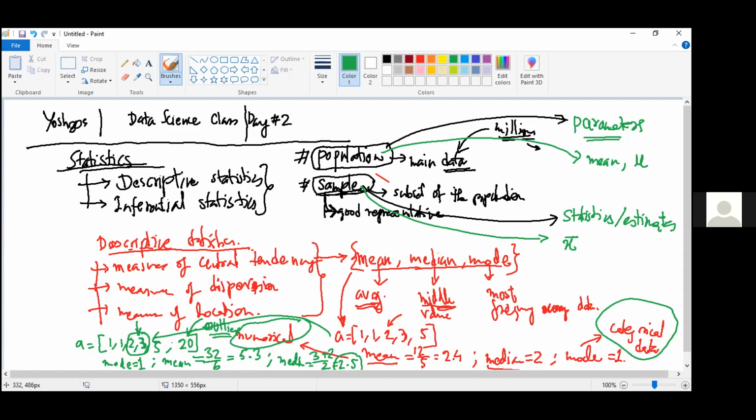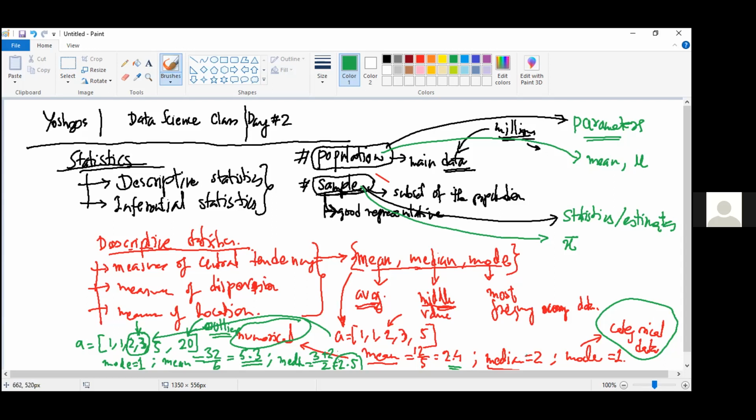When your data suffers from the presence of outliers, which measure of central tendency might be better for you? It can be seen from this example. Earlier the mean value of the list was 2.4. When an outlier comes into the data, the mean becomes 5.3.